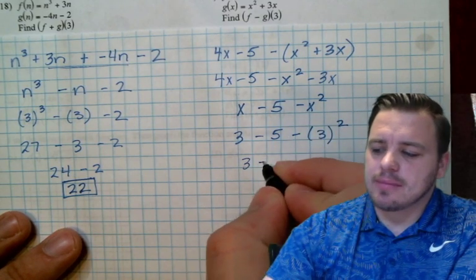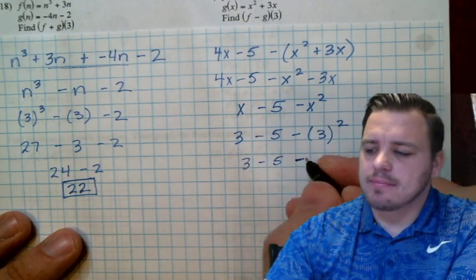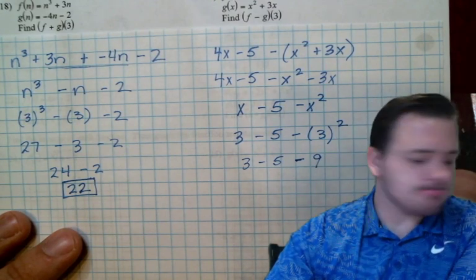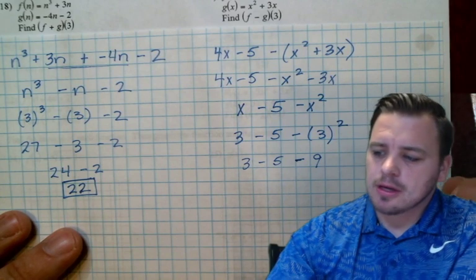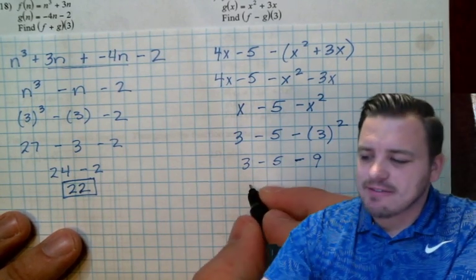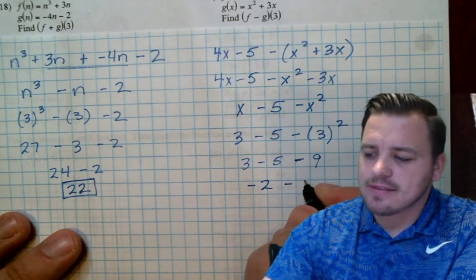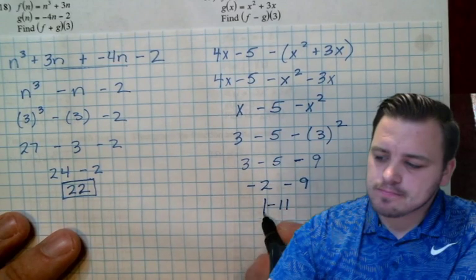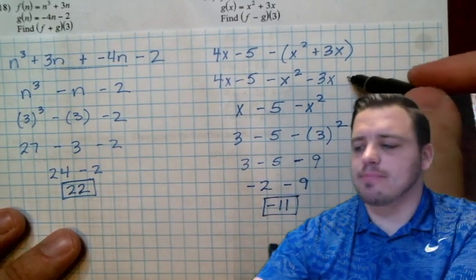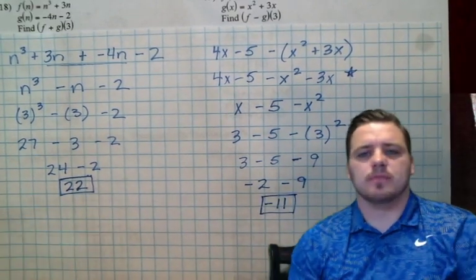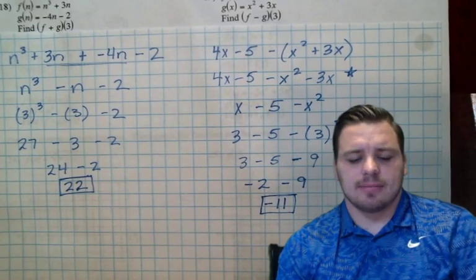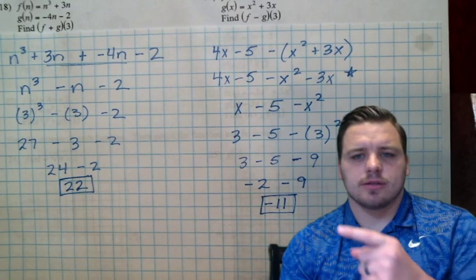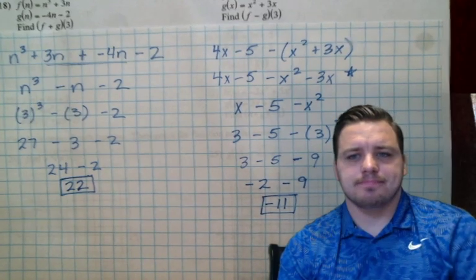So that's 3 minus 5 minus 9. 3 minus 5 is negative 2. Negative 2 minus 9 is negative 11. Again, you can plug 3 in from there. That's fine as well. I just combine those because it's one less place to plug it in. So your answer would be negative 11.